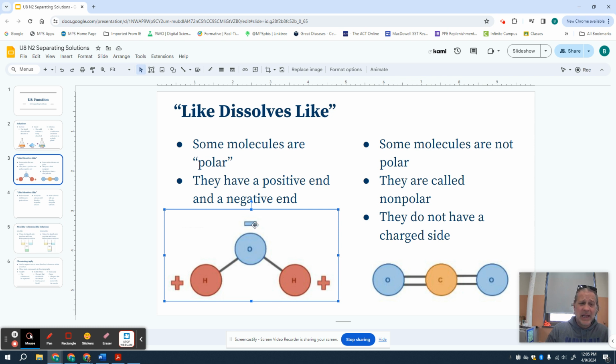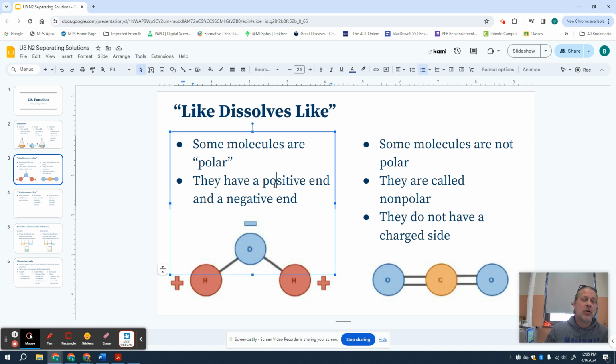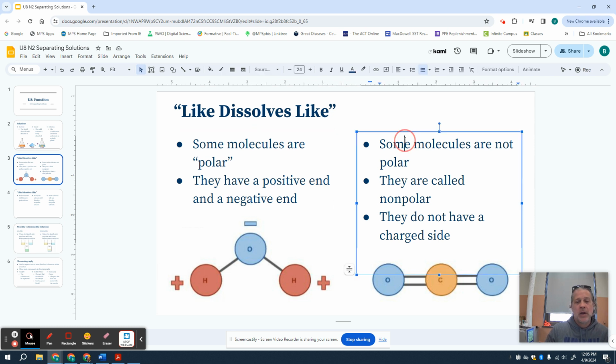It has a slightly negative end and a slightly positive end. The slightly negative end will attract to a slightly positive something else. That could be more water molecules, it could be other charged particles. So those are polar substances. Then we have nonpolar substances. These are things that don't have a slightly negative side or a slightly positive side.